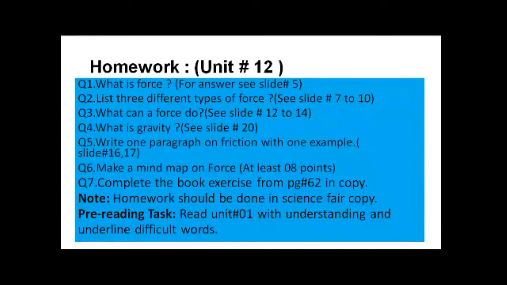And question number 7. Complete the book exercise from page number 62 in your copy. Have you got it, beta? This is your today's homework. And the pre-reading task is to read unit number 1. Okay. This is your homework.